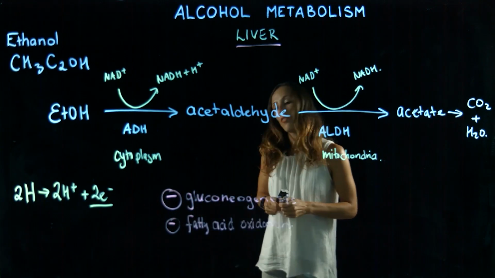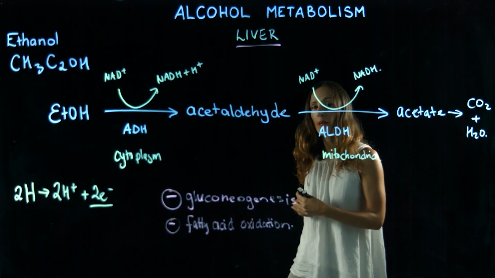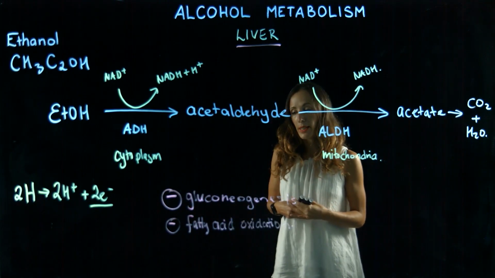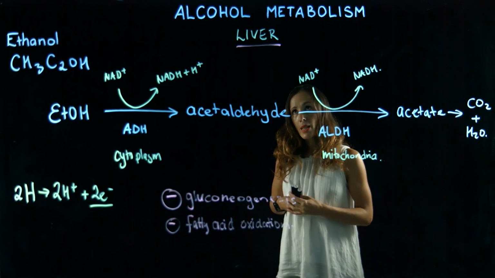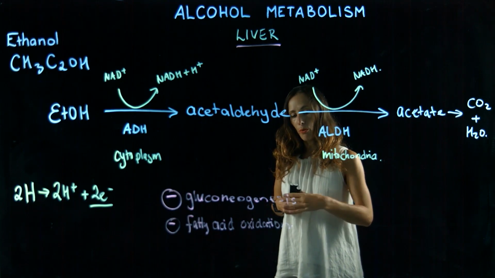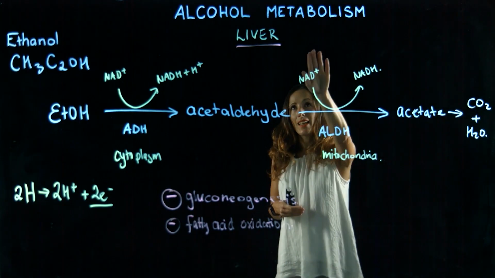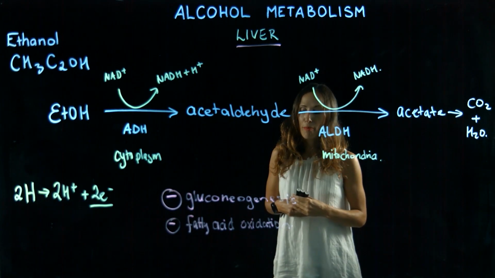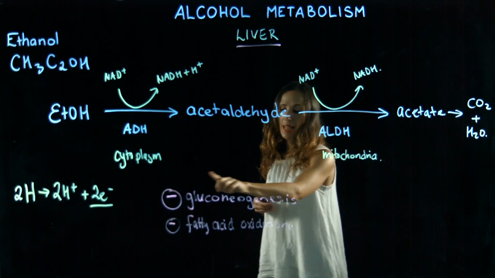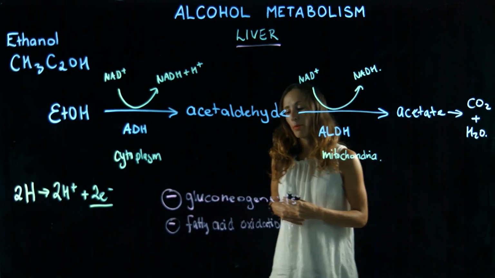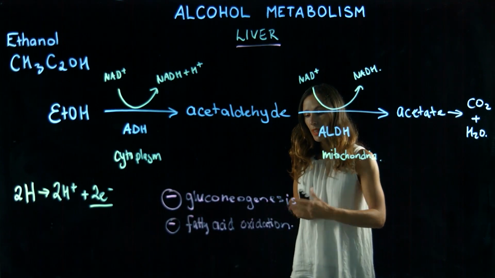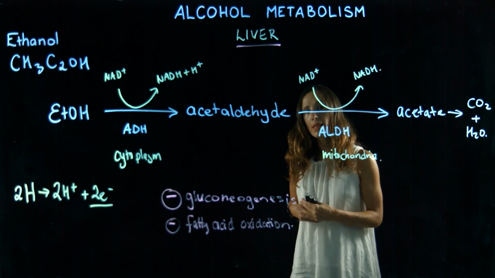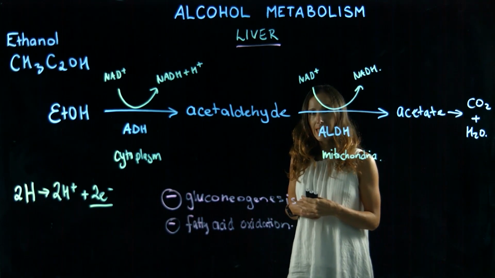If you think of gluconeogenesis, this is where we take our lactate and use it to generate glucose. So if someone is going for a run or doing some exercise and they drink beer at the end, they run the risk of being hypoglycemic because they're inhibiting the production of glucose. Fatty acid oxidation is being inhibited, and that means we're promoting fatty acid synthesis.